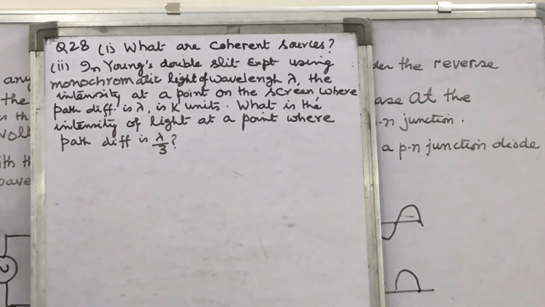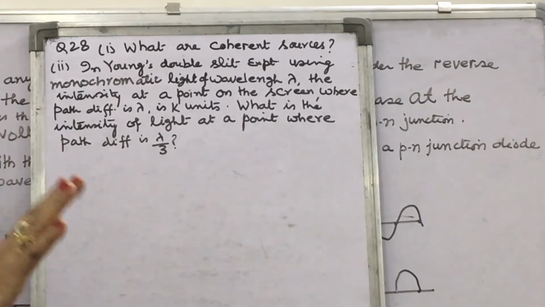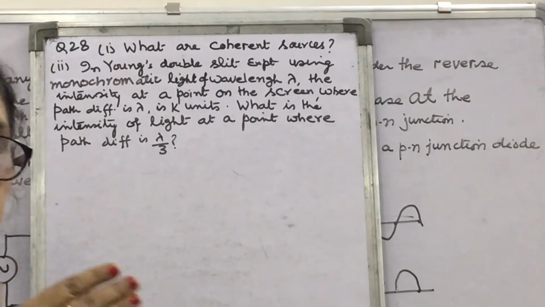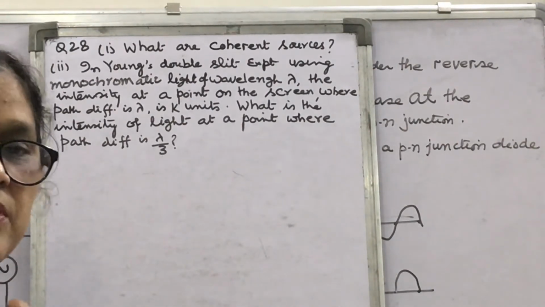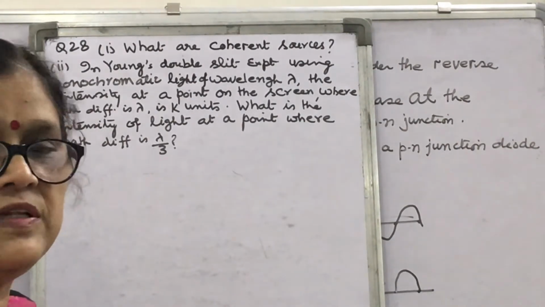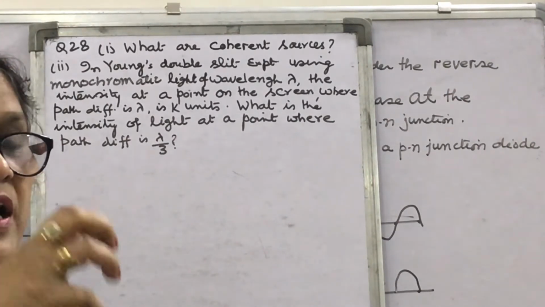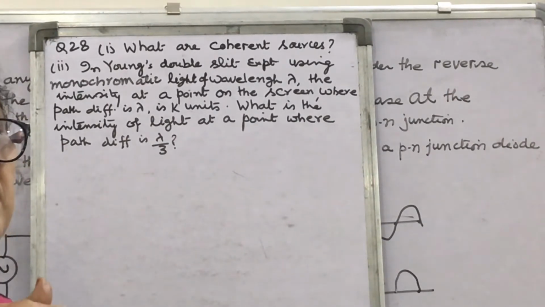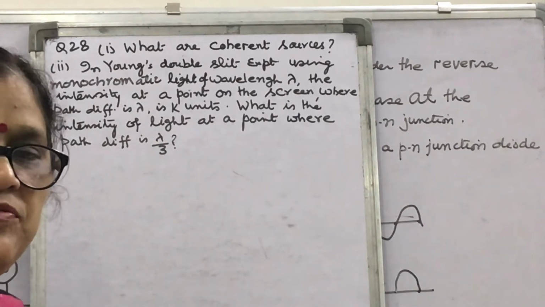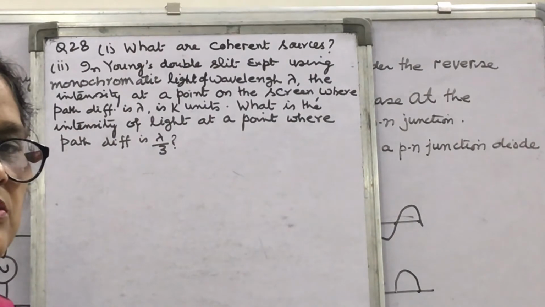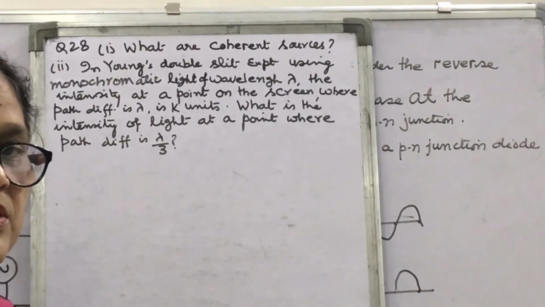Coherent sources are such sources which produce continuously light waves of the same constant wavelength and frequency, and the light waves must have a constant phase difference, or be in the same phase, zero phase difference.